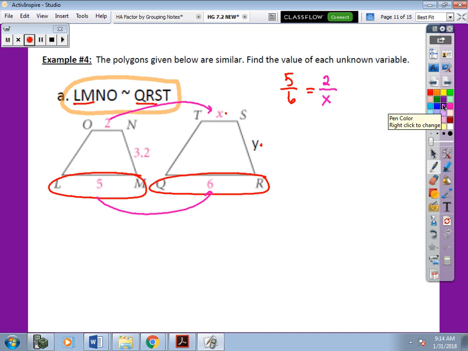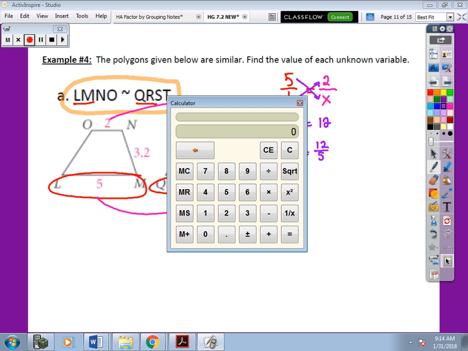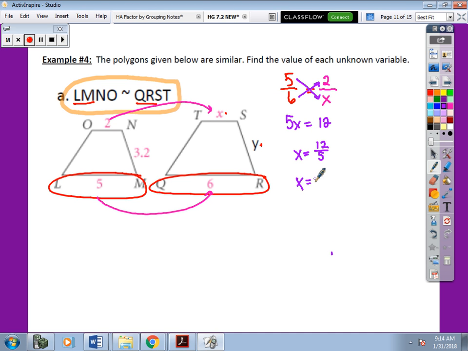And then you just cross multiply. 5 times x is 5x equals 6 times 2 is 12. And then you can either leave it 12/5 or get the decimal, 2.4. One of those 2 answers. You're not having to round that, so you can put it as a decimal if you'd like.